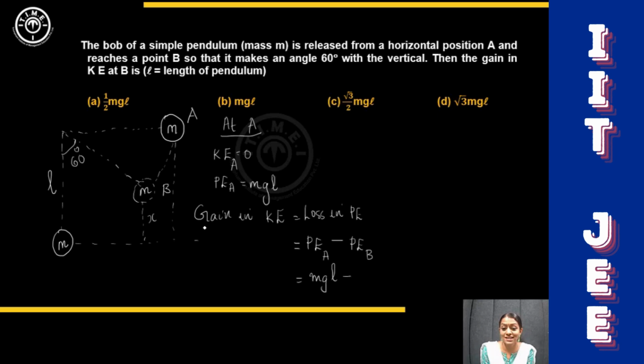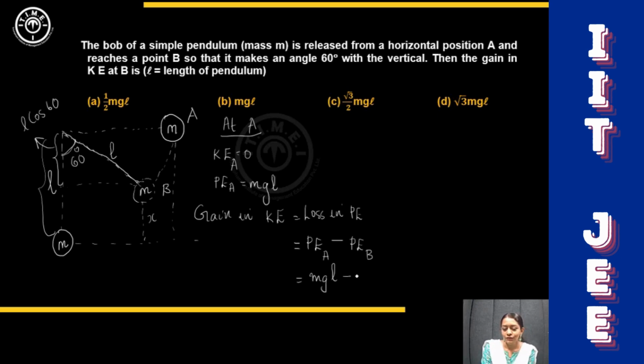So we have to find this x. How will you find x? See the figure. This angle is 60 degree, right? And see this? This is L. So how much will be this particular distance? This will be definitely L cos 60, isn't it? So what about this x? Of course, this x will be equal to the total length L minus this length L cos 60, isn't it?